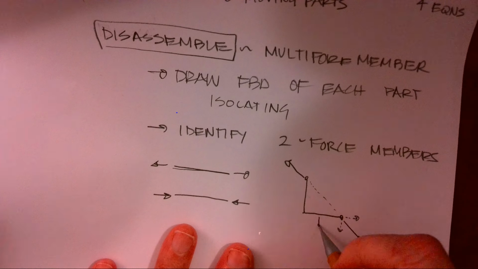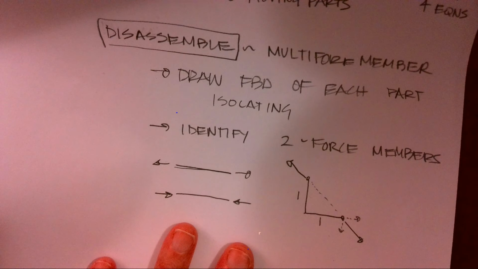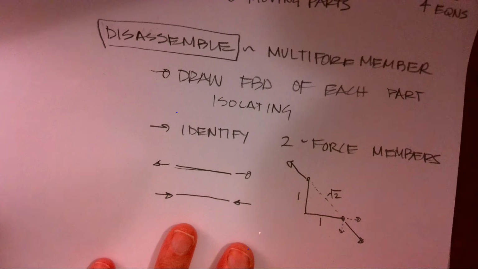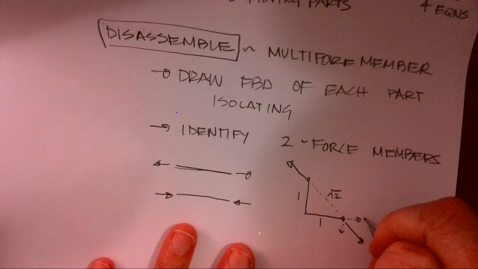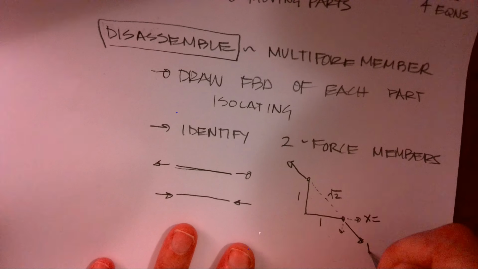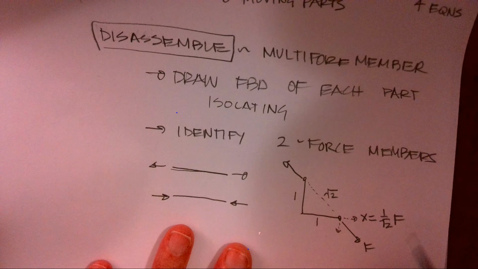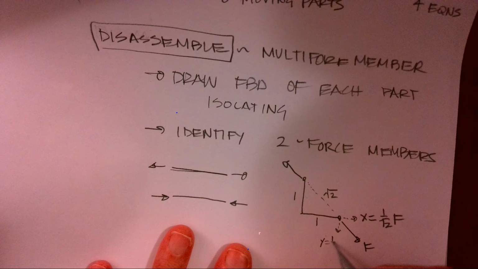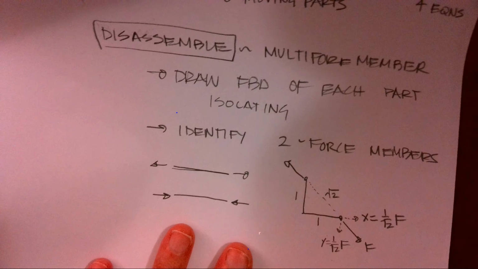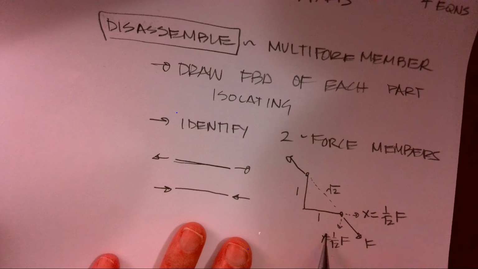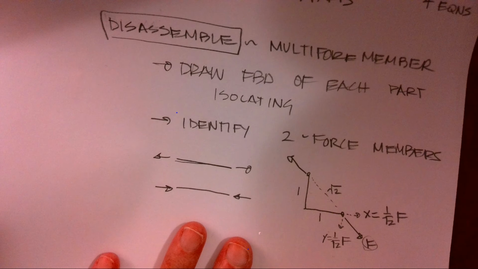If this bracket was a 4-inch by 4-inch bracket that I was using to hold shelves on the wall, that would be a 1, 1, square root of 2 angle. I would know that this X component is 1 over square root of 2 times the force, and the Y component is also 1 over square root of 2 times the force. And that way I can get rid of two unknowns, the X and the Y, and just work with one unknown force.